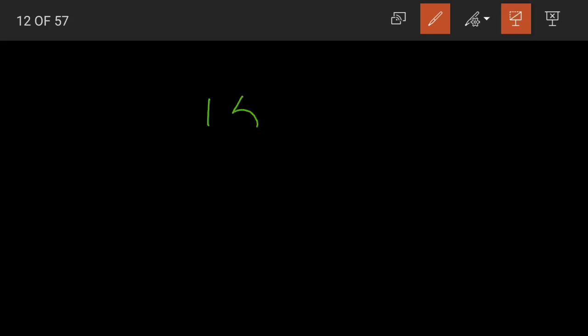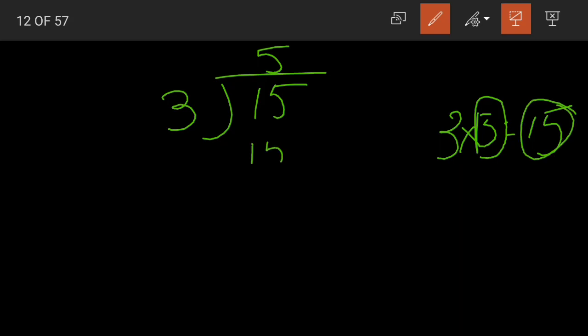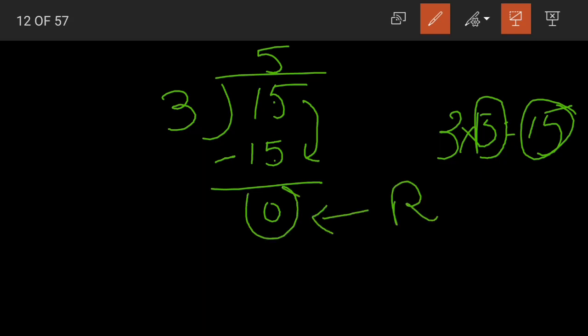See, 15 divided by 3. Yes, children, again 3 fives are 15. What should we do? We should write this 5 on top and this 15 is to be written below our dividend. And what is the next step? Subtract the dividend and 15. 15 minus 15 is equal to 0. So what is this 0? 0 is the number that is remaining after our division.